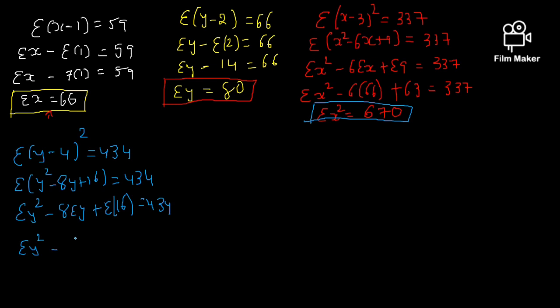So 8 into 80 is 640, and 16 into 7 is 112. By solving the left hand side, we will get sigma y square equals 434 minus 112 plus 640. So 80 into 8, which is minus on the left hand side, will go to the other side and becomes plus, and 112, which is positive on the left hand side, will go to the other side, which will be minus. So sigma y square will be 962.